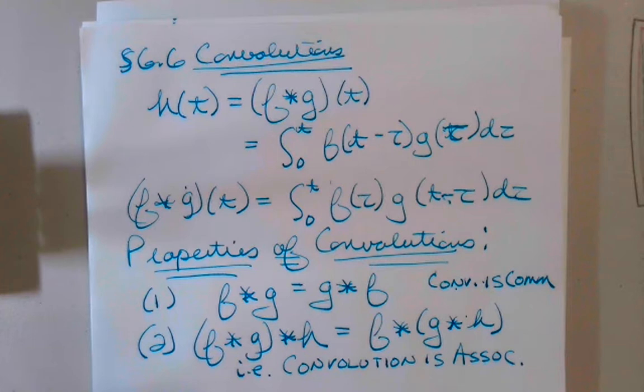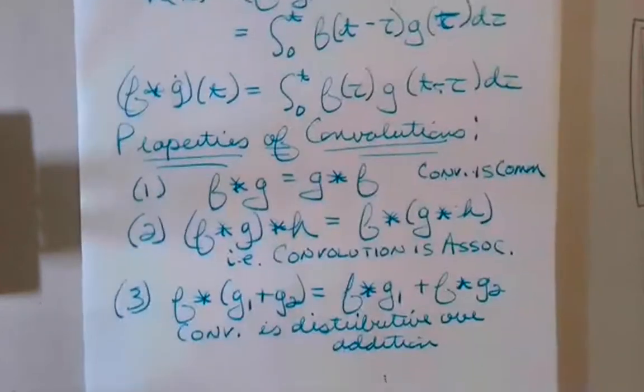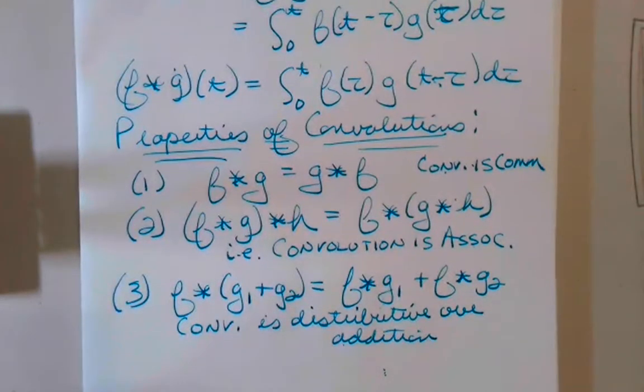Another property of it is that it's distributive. If you take f and convolve it with g1 plus g2, that is f convolved with g1 plus f convolved with g2. So convolution is distributive over addition.